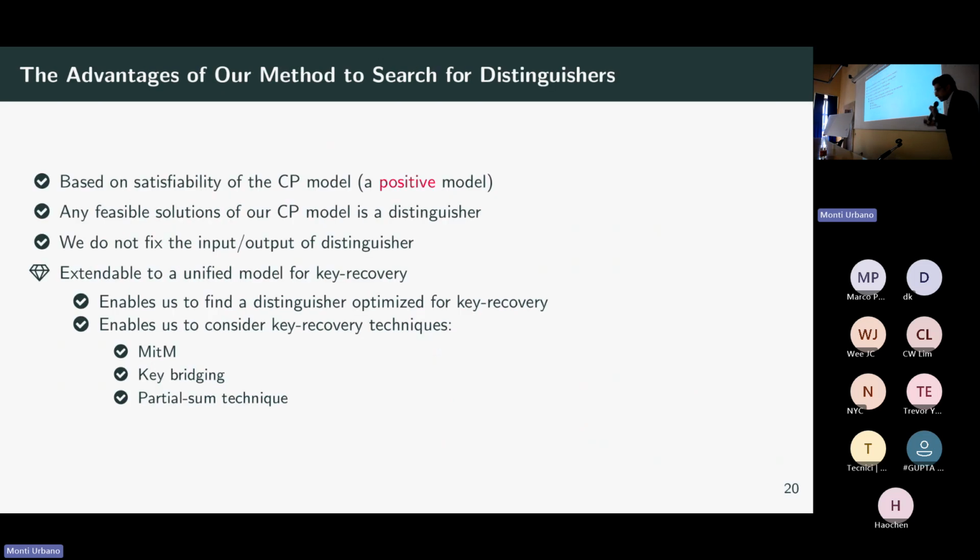But now we have this model. The advantages are, as I mentioned, besides finding good distinguishers, we can extend it for key recovery. Then we can take into account the techniques in key recovery, like meet-in-the-middle, key bridging, and so on and so forth. So we decided to do that, to propose a model that finds a complete attack.